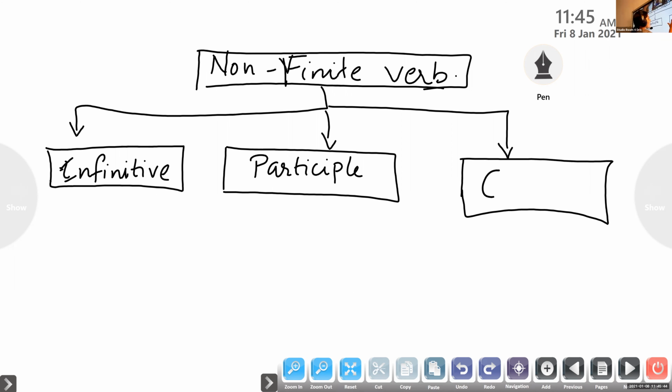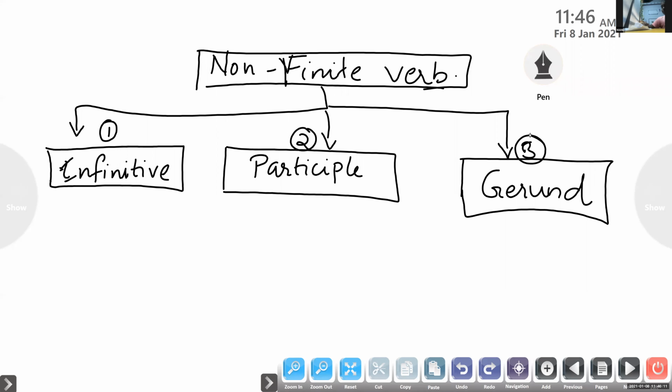It is called gerund. So our non-finite verbs are divided into 3: infinitive, participle, gerund. These are the 3 subdivisions under non-finite verb. Clear? Am I clear? Yes, ma'am.